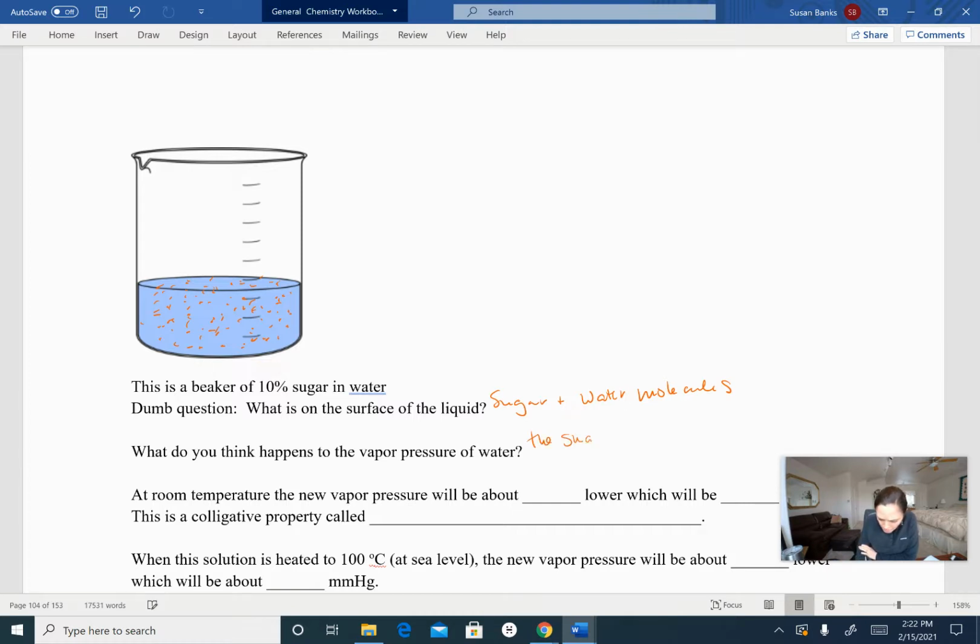The sugar molecules get in the way of some water molecules evaporating.